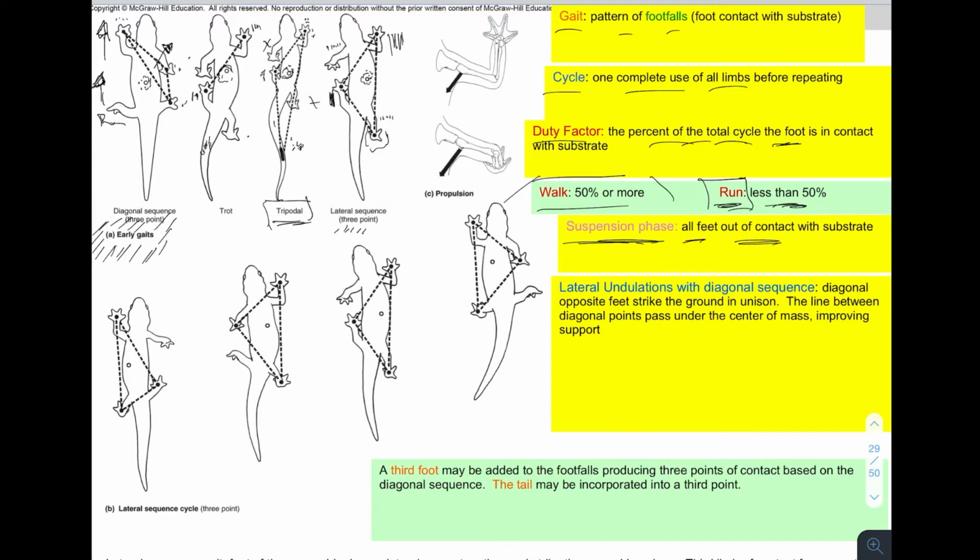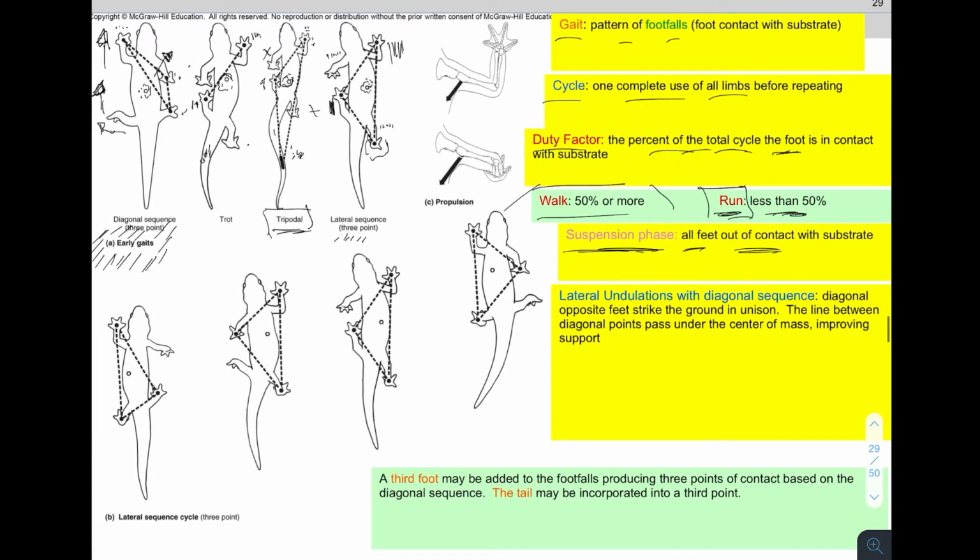So the most common way of locomotion for salamanders, for example, is going to be this lateral sequence cycle, which gives the animal the most stability possible.